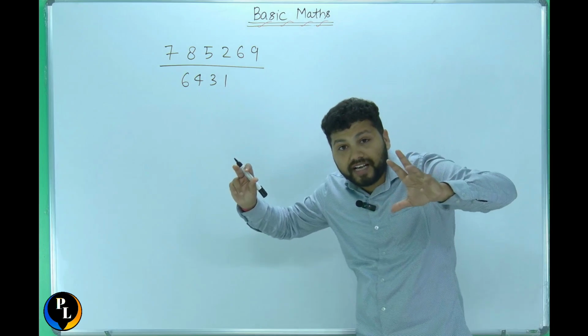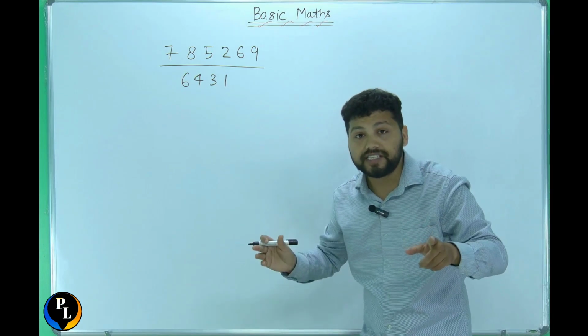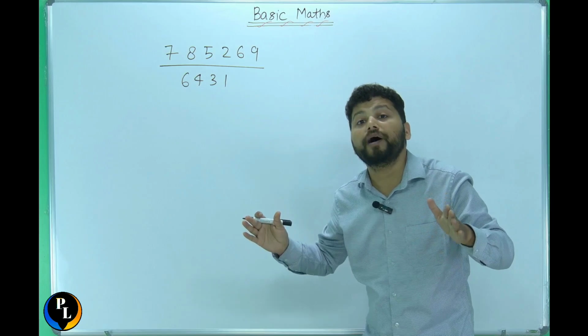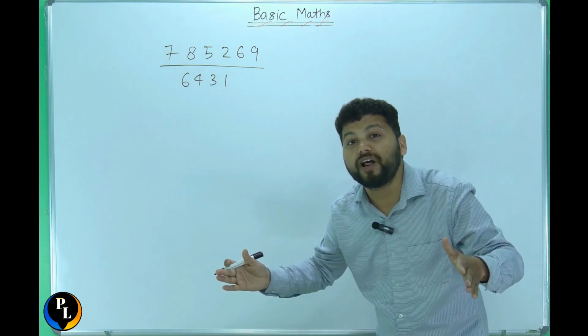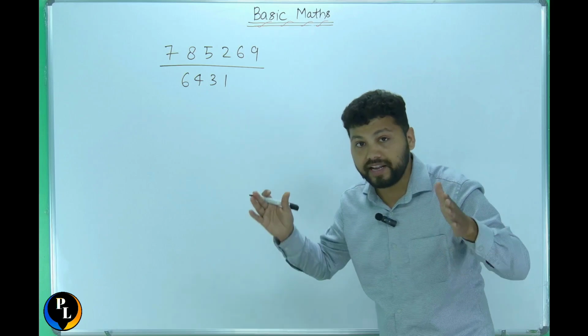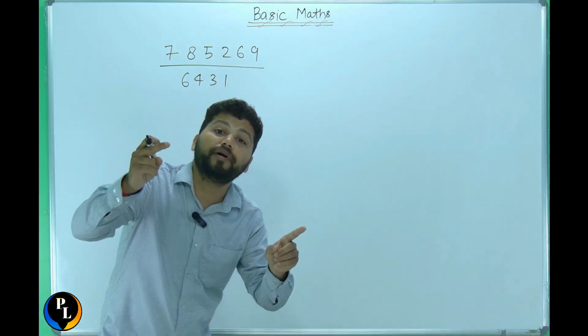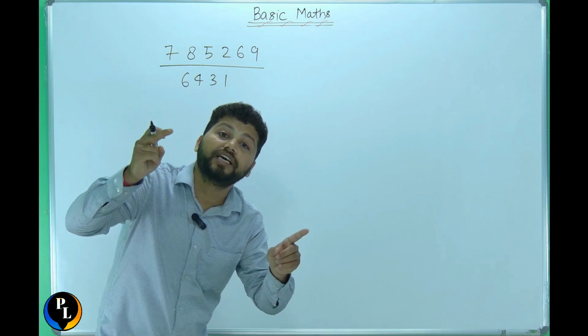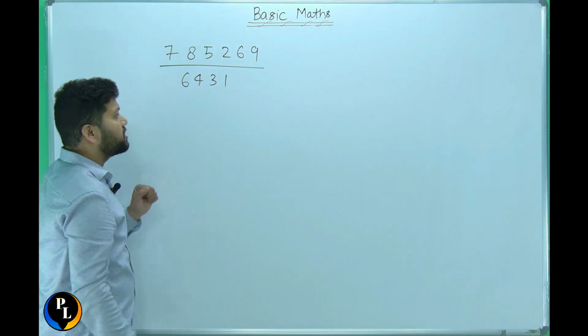The method I'm going to discuss is only valid for the case when the number of digits in the numerator is much more than the number of digits in the denominator. Clear? Now I can cancel 1 and 9.